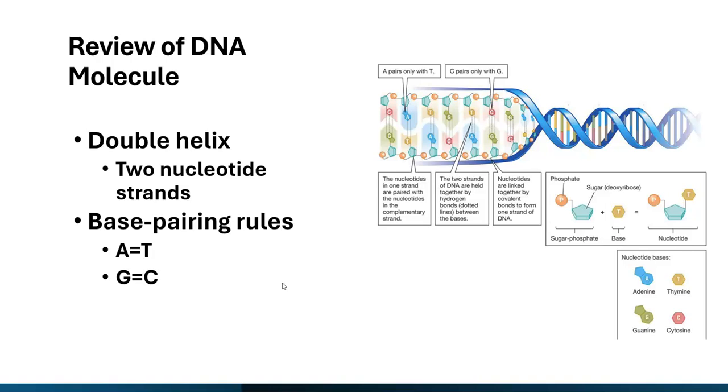Our DNA is shaped as a double helix. That means it has 2 nucleotide strands that face each other and are then wrapped in that spiral pattern. In this image, we've got our phosphate, our sugar, and then the nitrogenous base cytosine.